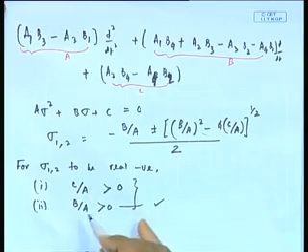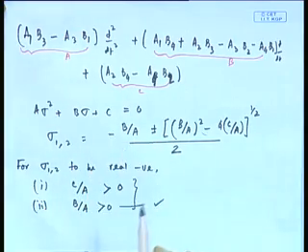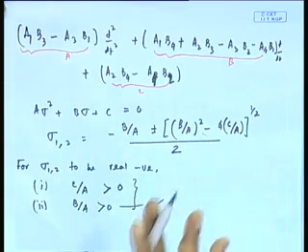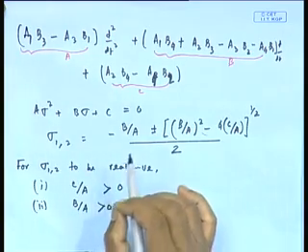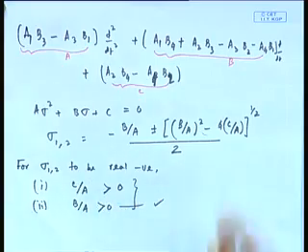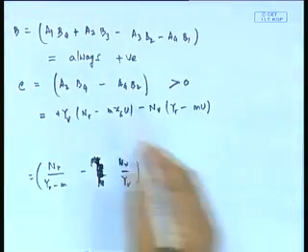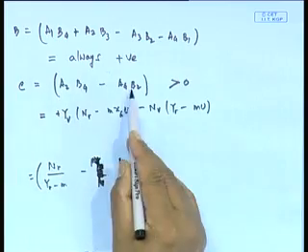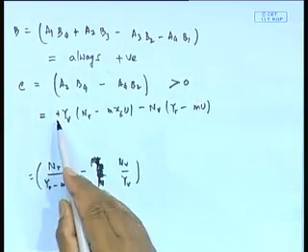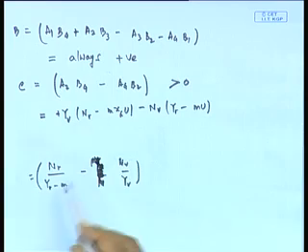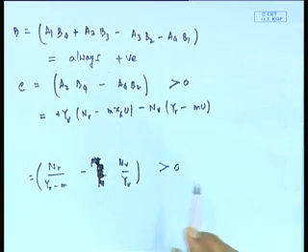both C by A and B by A should be more than 0, but now I found out that A and B are always positive for the hull, which means the requirement therefore becomes that C must be more than 0, right? Therefore my requirement is that C, which is given by this, must be more than 0. That means I must have this more than 0.